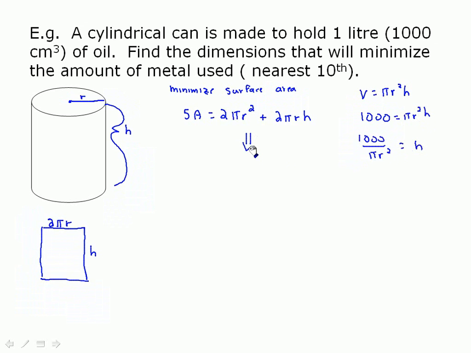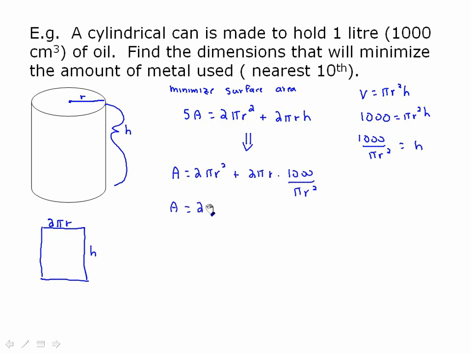And then that's going to leave us with a formula. I'm just going to write this as A instead of surface area just to make it a little easier to work with. Doesn't make a lot of difference. But then this is 2 pi r, and then the h is 1,000 over pi r squared. And then if you simplify this, the r's will divide out.